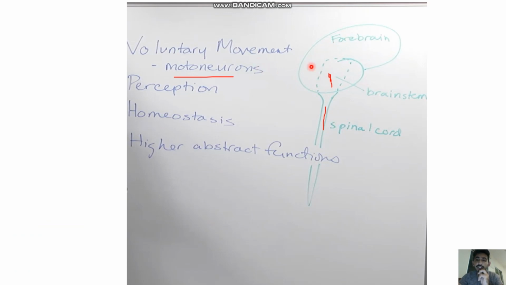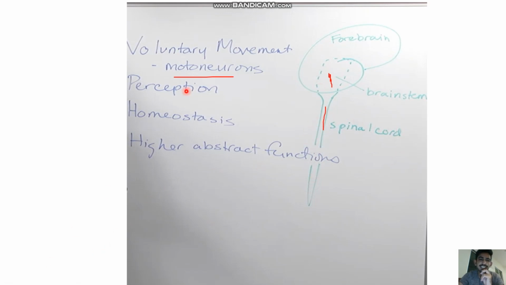Motor neurons found in the brainstem are responsible for the movement of the facial muscles, movement of your larynx, your smiling movement, or swallowing movements. The motor neurons located in the spinal cord are responsible for the movement of your limbs and your trunk. All that sort of movement is done by motor neurons located in your spinal cord.